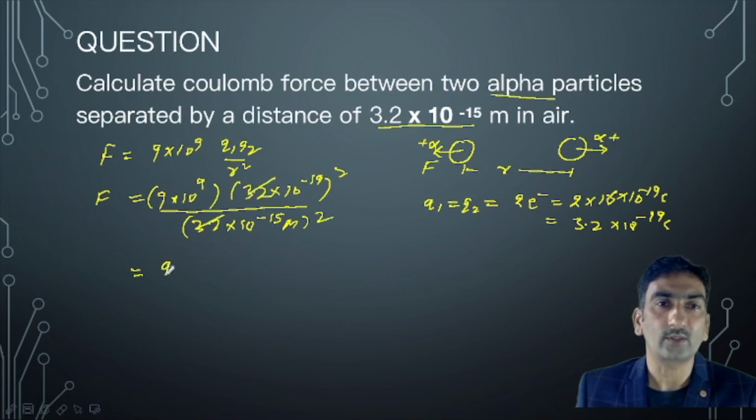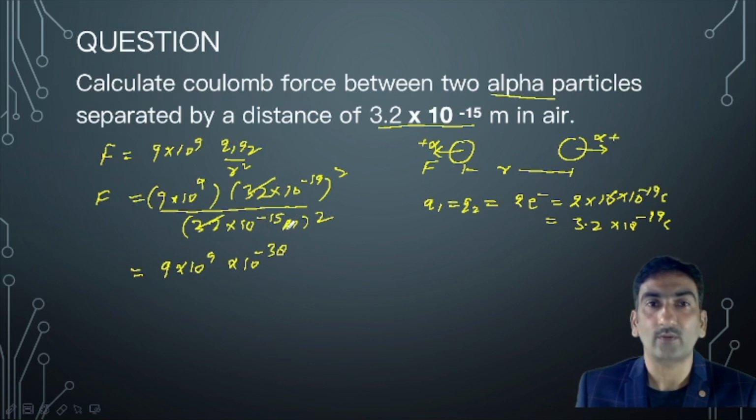What is left is 9 into 10 raised to power 9. The square of 10 raised to power minus 19 becomes 10 raised to power minus 38, and in the denominator, the square of 10 raised to power negative 15 becomes 10 raised to power negative 30. If I write it in the numerator, it becomes positive 10 raised to power 30.